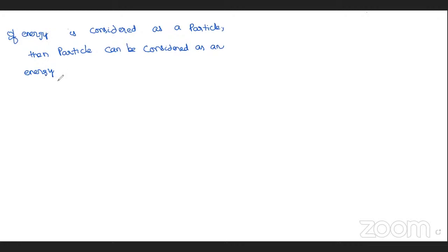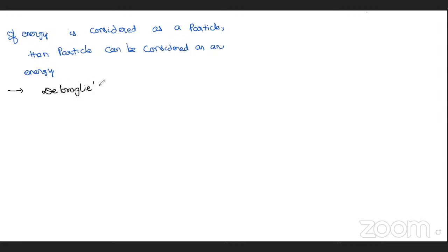If the particle is considered as energy, then for a particle he gave the wavelength, that is de Broglie's wavelength. You know it, no need to go deeper, I am just writing the formula here.